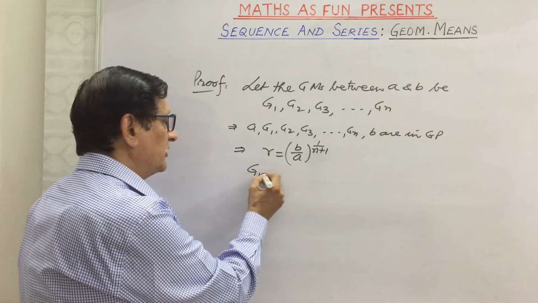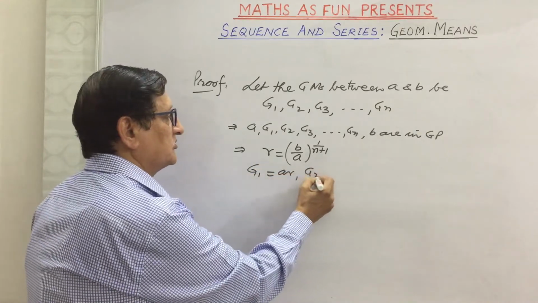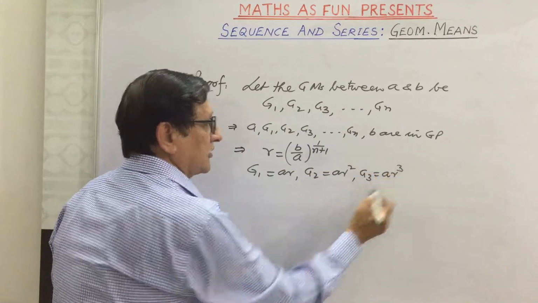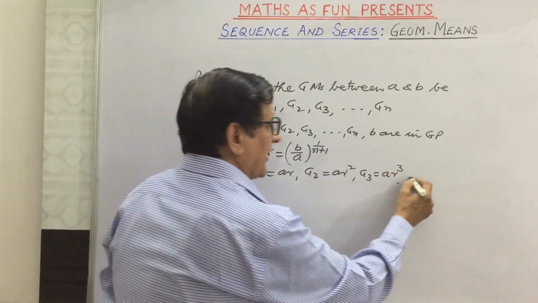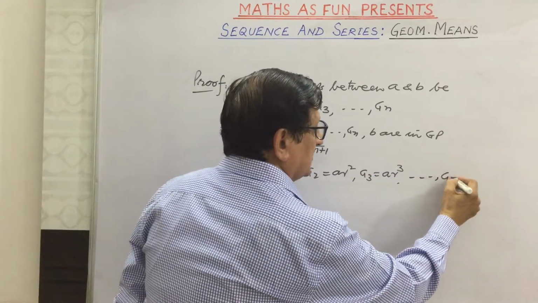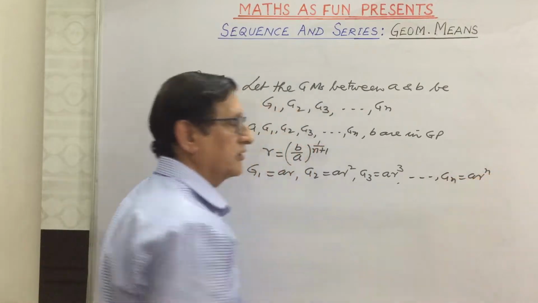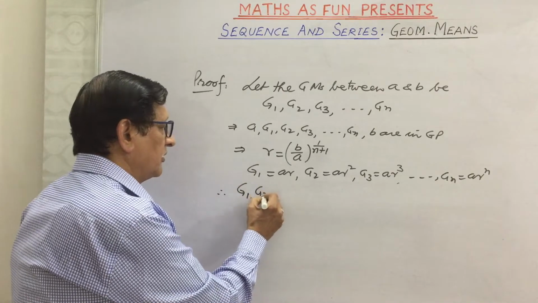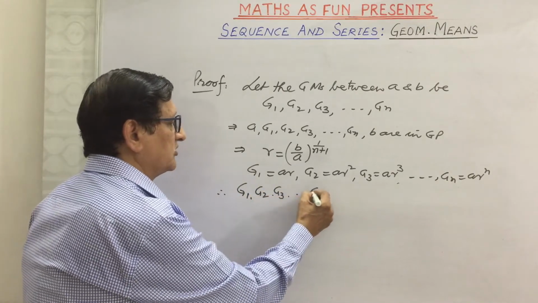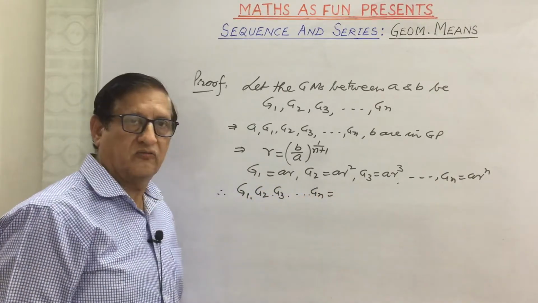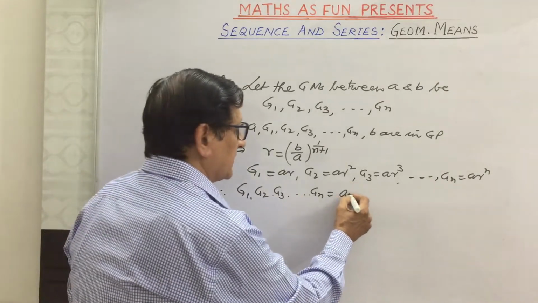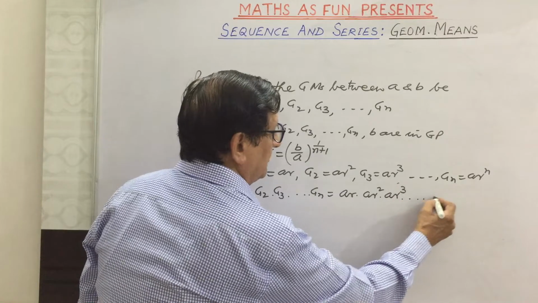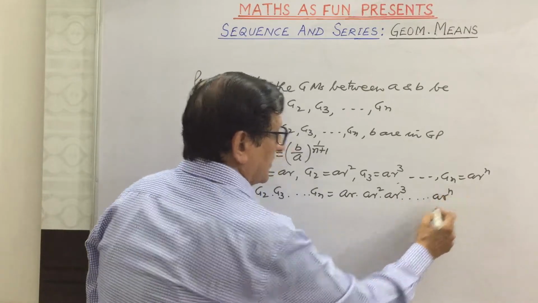Here G1 is AR, G2 is AR square, G3 is AR cube and Gn is AR to the power n. The product of these numbers will be G1 into G2 into G3 into Gn. We substitute these values here, that is AR into AR square into AR cube into AR power n.